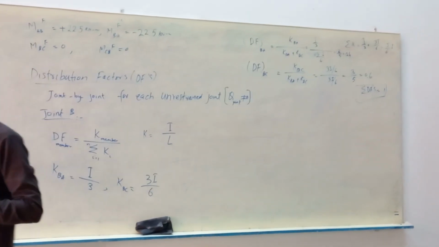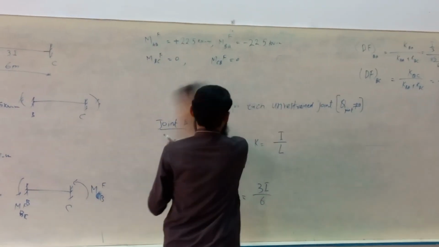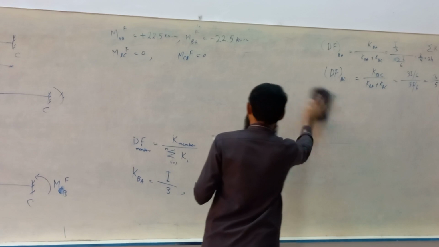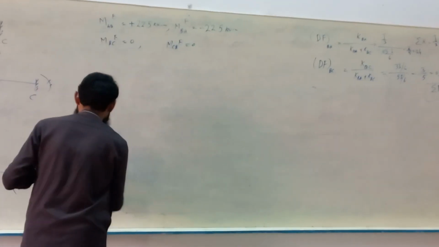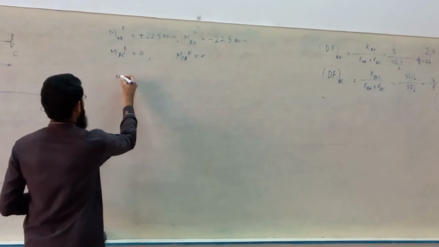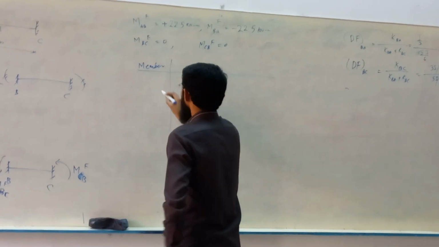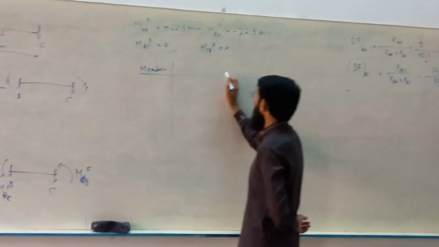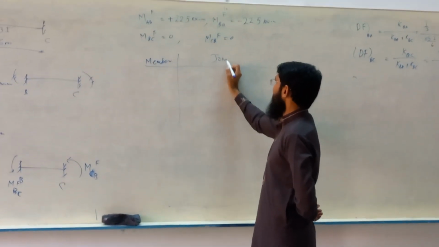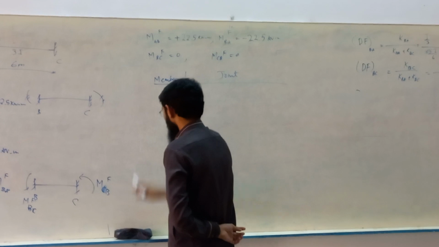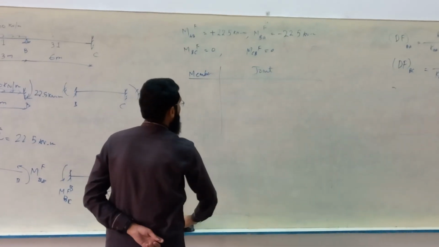Now the best way to do the rest of the calculations is to make a table. Okay, make a simple table, and just list down the things that you calculate. Member, and then we have got just one joint, but let me just write it down. What's the best way of doing this?